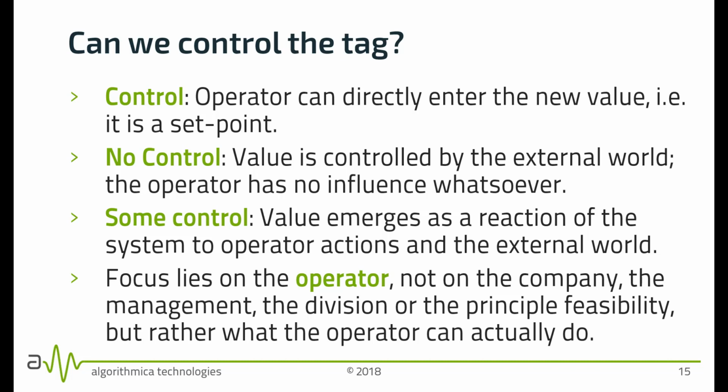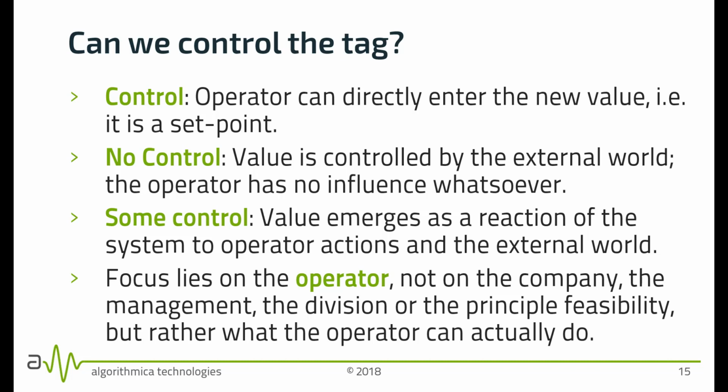The next category is the opposite: we have no control over it whatsoever. These are things like the temperature of the outside air or the quality of the raw materials that some supplier sends to us. This is a value that the operator in the control room has no control over at all, not even a little bit. The third category is everything in between.